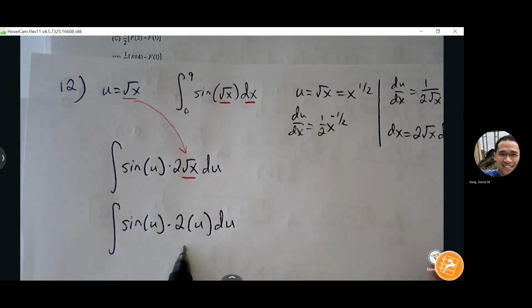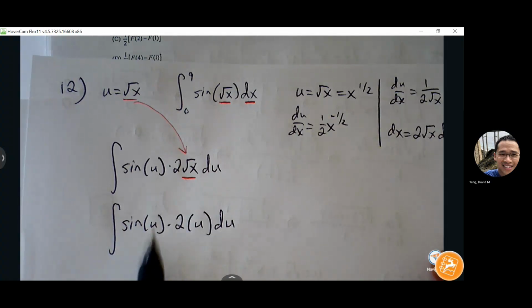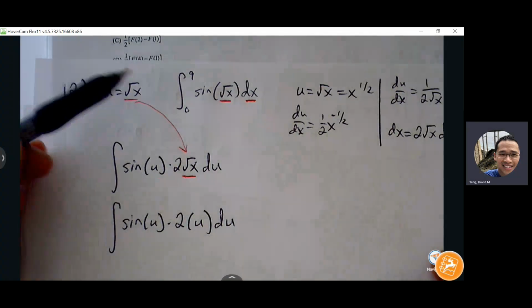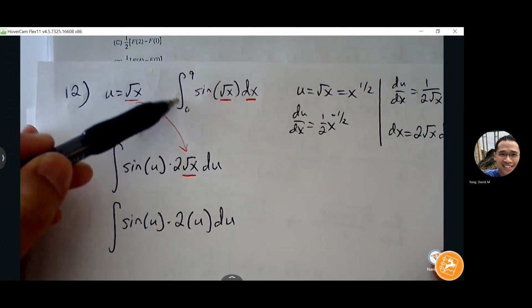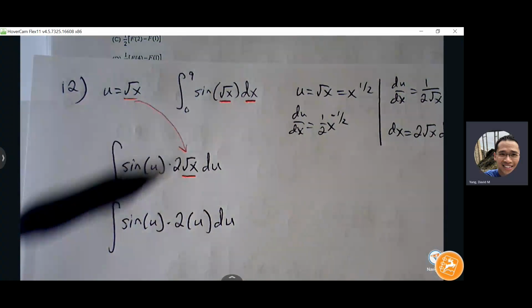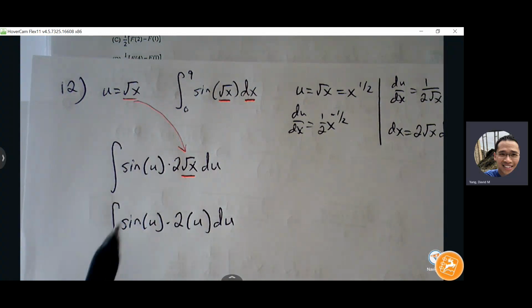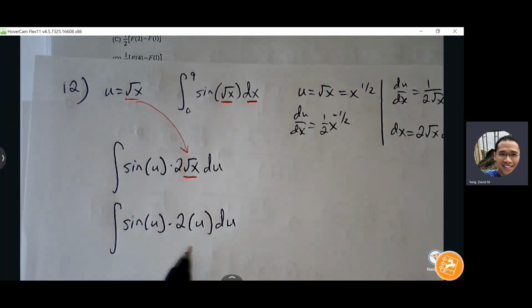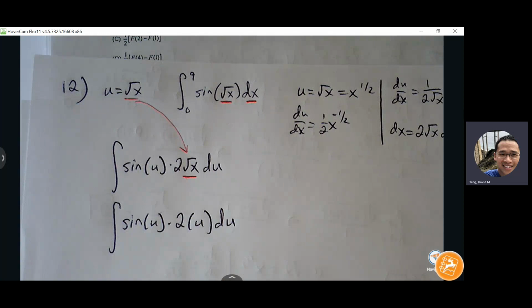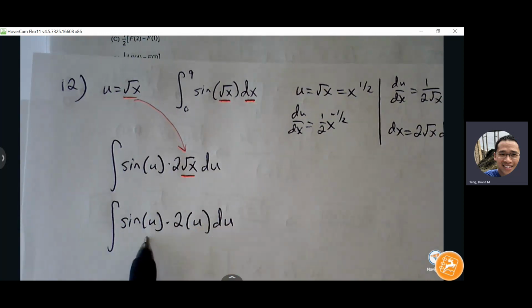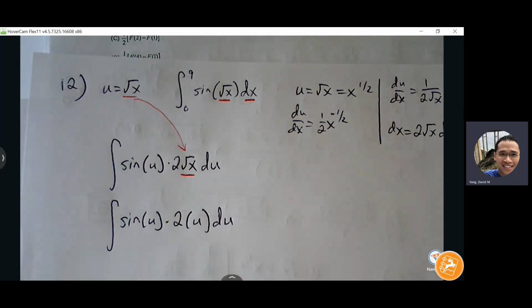Which variable? U. But my bounds is in terms of what? X. So I have to convert it to be in terms of U so that I can match the answer choice here, right? So here I can't quite make this problem go to X, because if I do, I may be solving the problem, but it's not matching with the answer choice that they want.